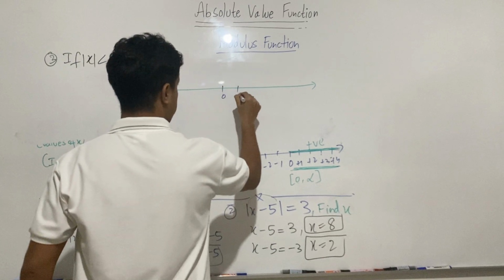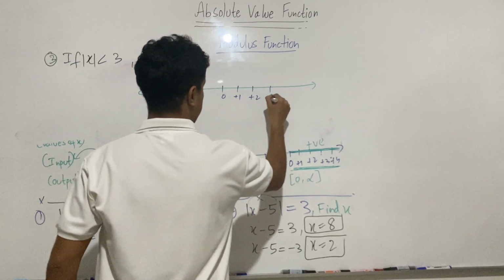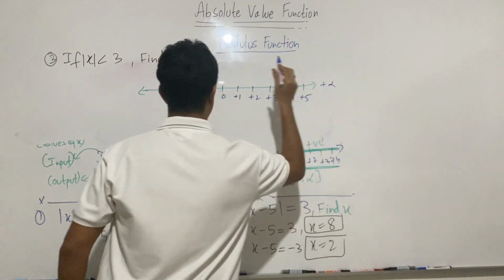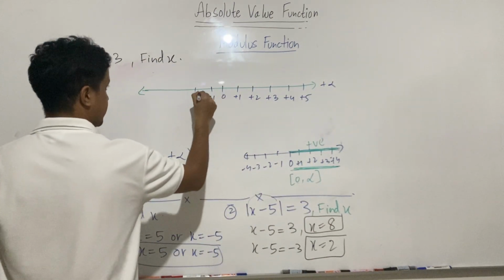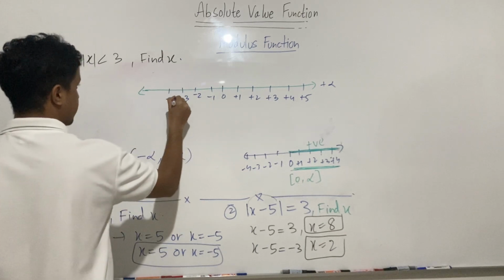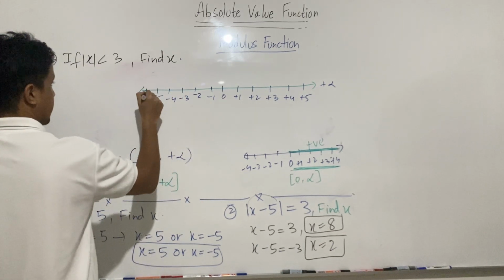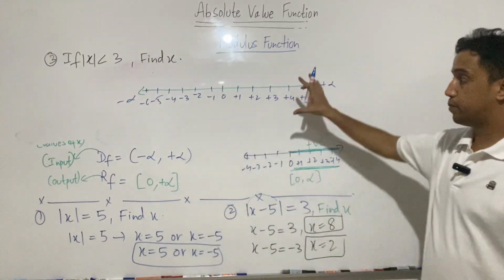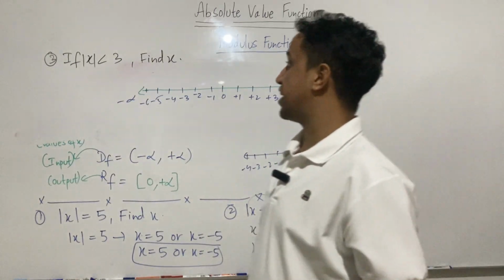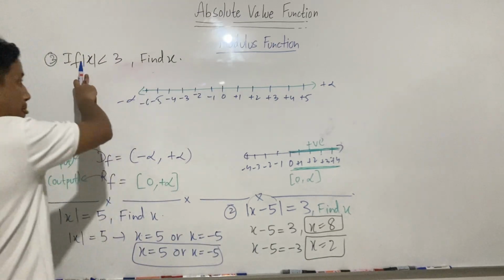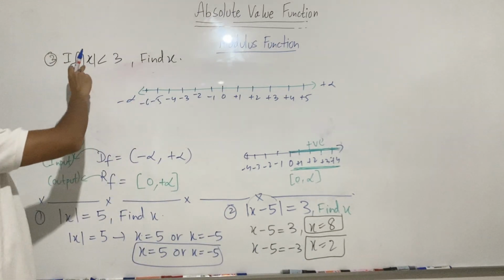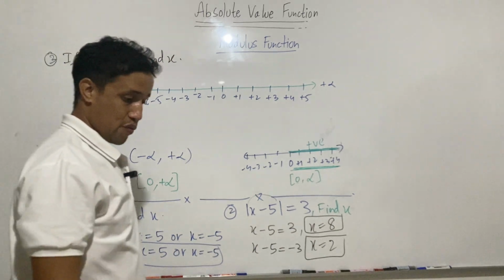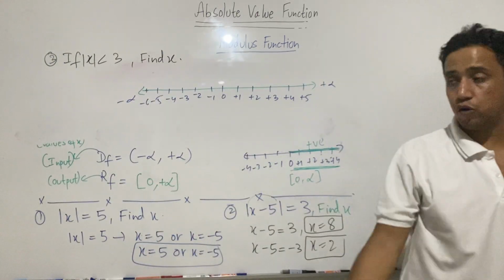This is positive 1, positive 2, 3, 4, 5, positive infinity this side, negative 2, negative 3, negative 4, negative 5, negative 6, negative infinity. I hope you understand this. Now it says that the modulus function of x is less than 3.